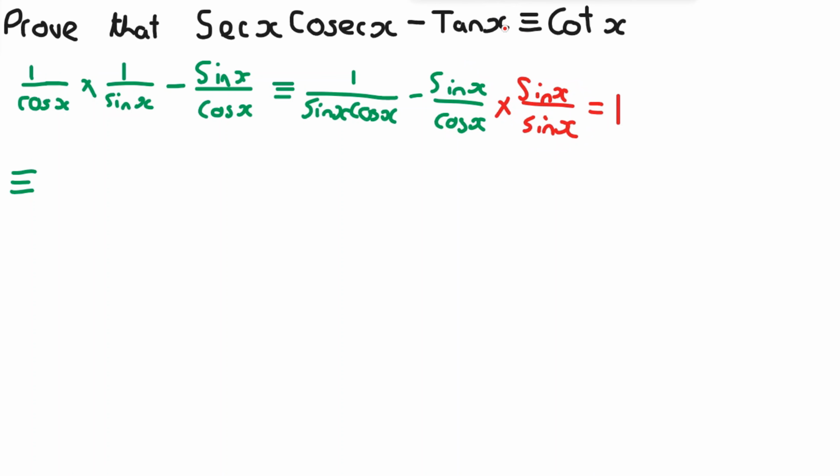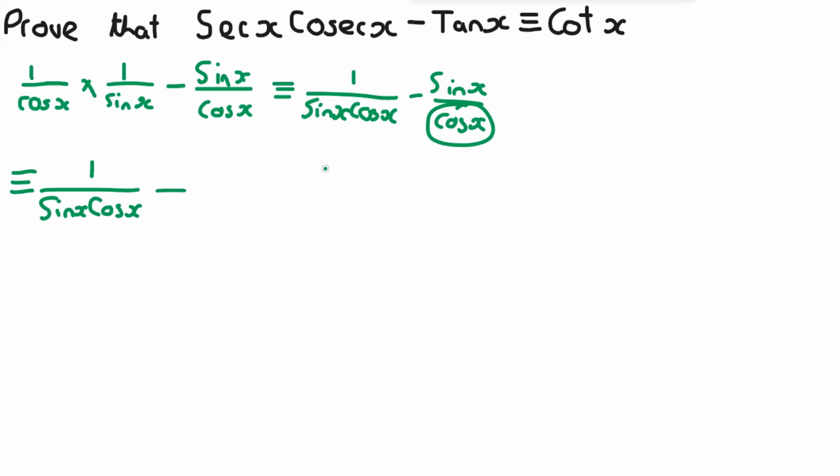So this fraction is still going to be the same, it's still going to be 1 over sin x cos x, minus, and then this here is now going to be sin x times sin x over sin x cos x, which is equal to sin squared x.